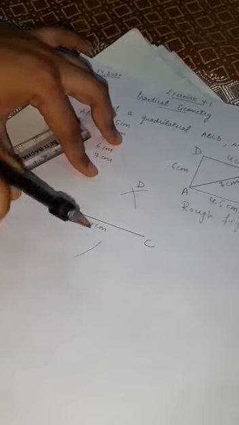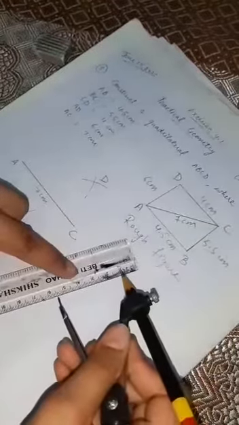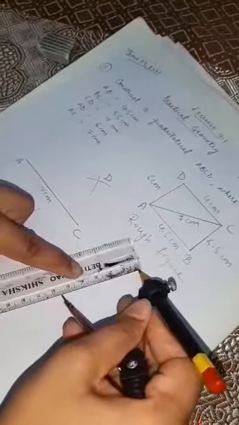This is 4.5 centimeter distance. From point A draw an arc. This is an arc of 4.5 centimeters, and from point C it is 5.5 centimeters. So this is the distance, 5.5 centimeters. From point C let's draw the arc.